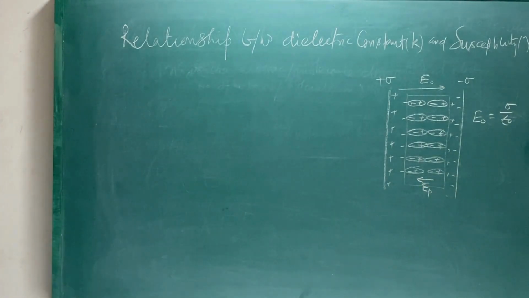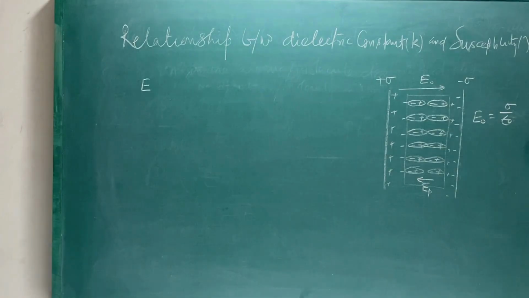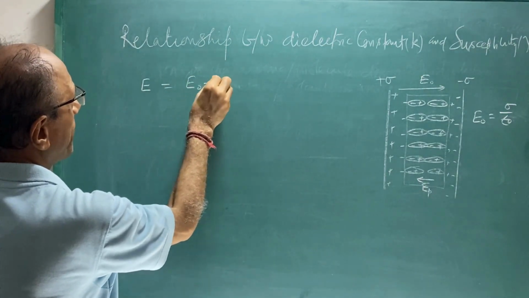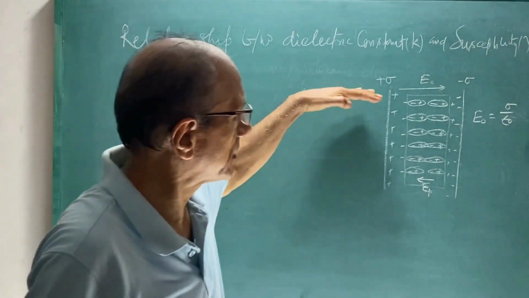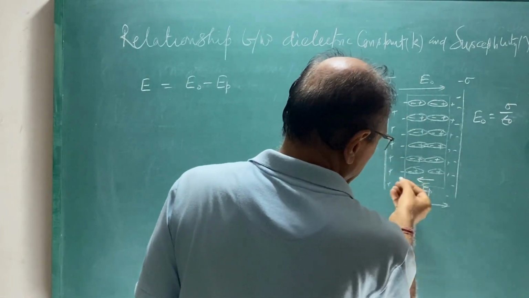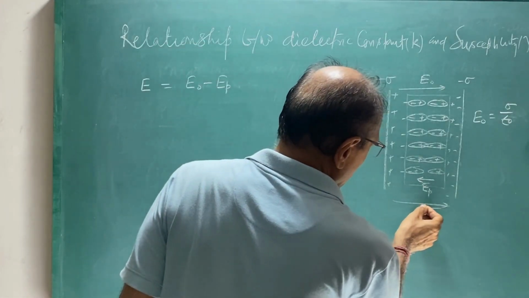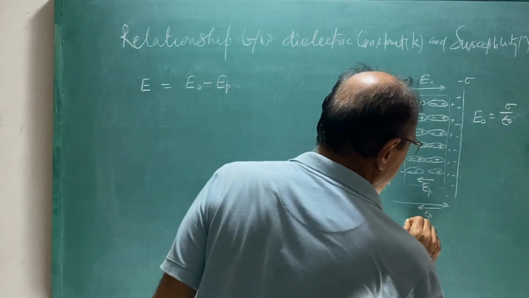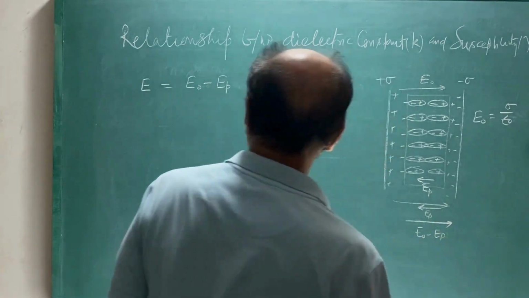So net electric field in the dielectric will be equal to E naught minus EP. Actually electric field was E naught, and in this region where the dielectric is placed, if one electric field EP is produced, so the net electric field in this region will be E naught minus EP.